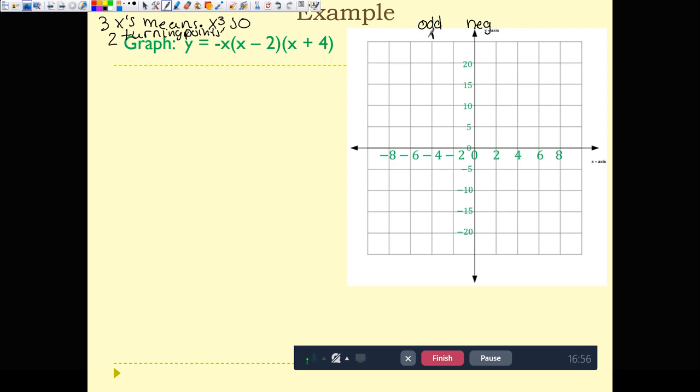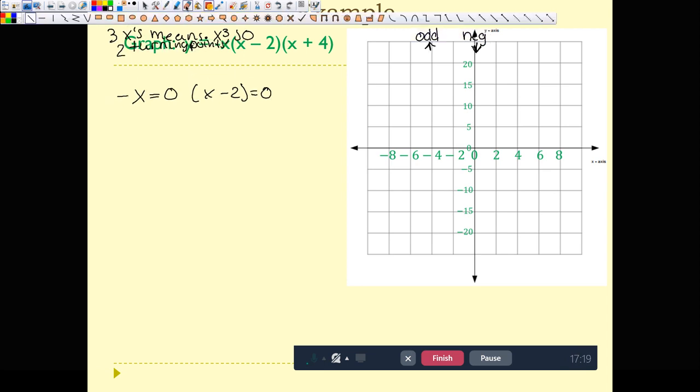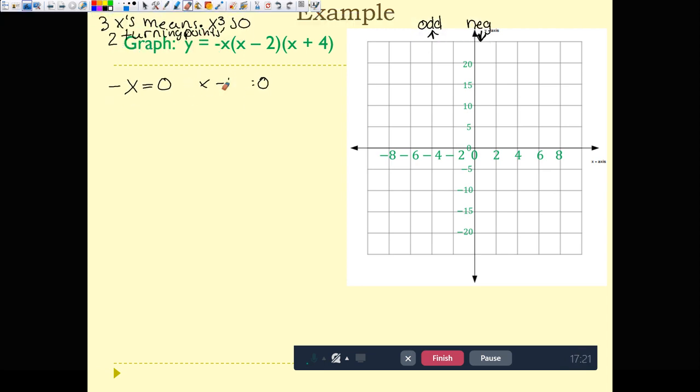Okay, so as it goes to positive things can go down, as it goes to negative things can go up. So now I'm going to set each one of my factors, all 3 of them, equal to 0. So negative x equals 0, x minus 2 equals 0, and x plus 4 equals 0.